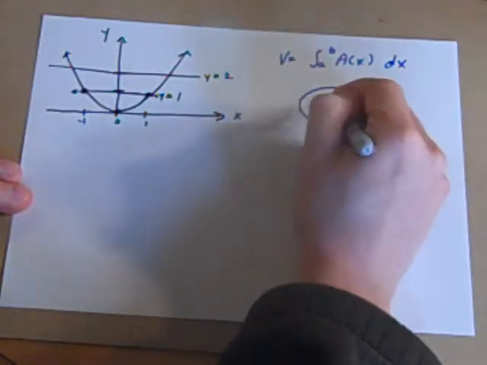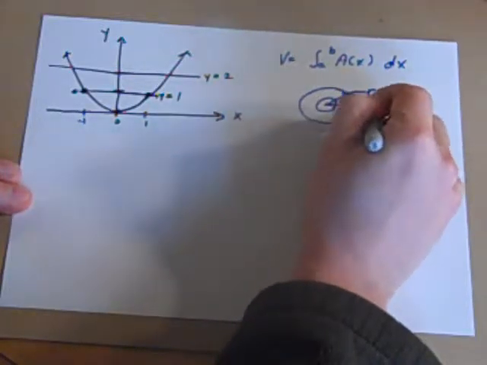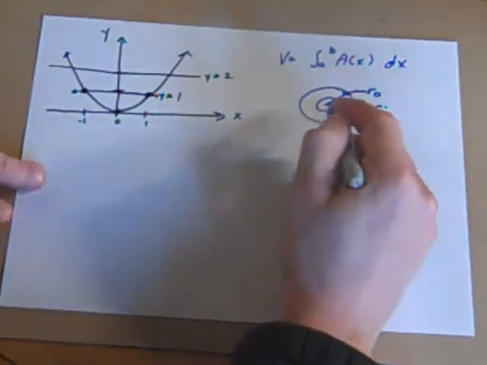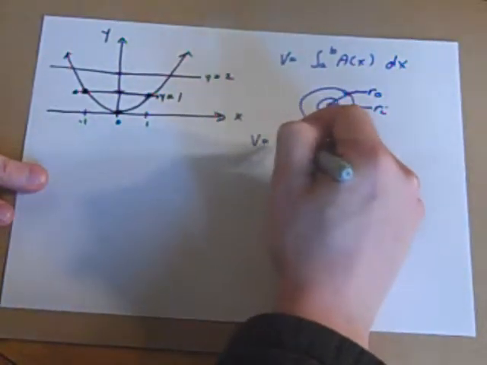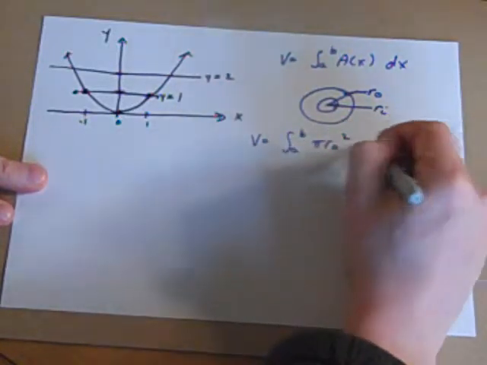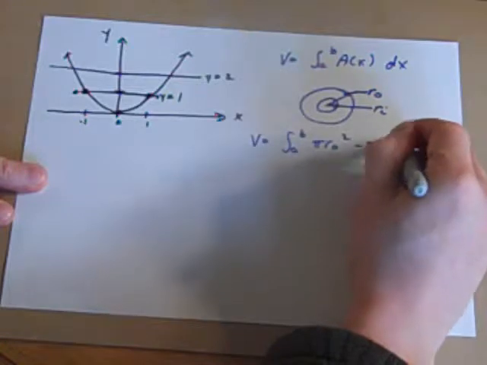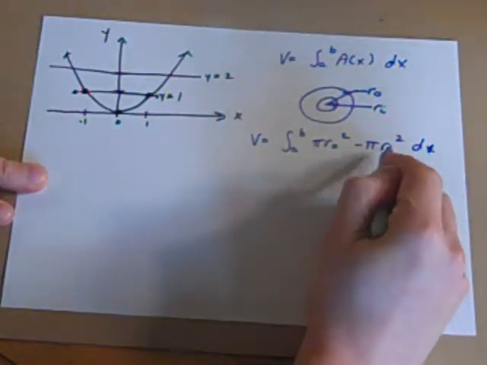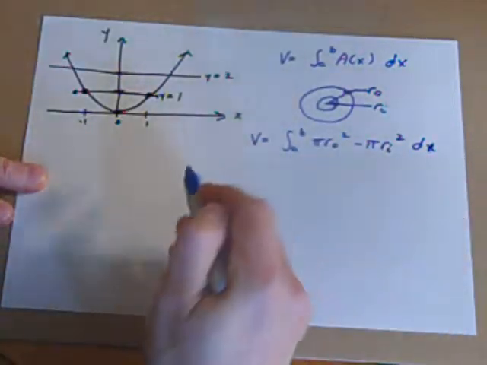And you're going to have some R_O and some R_I. And I can see the area of this donut or this washer is simply pi R_O squared for the outside minus pi R_I squared for the inside, dx. And I'm going to get R_O and R_I in terms of x so I can make the integration.